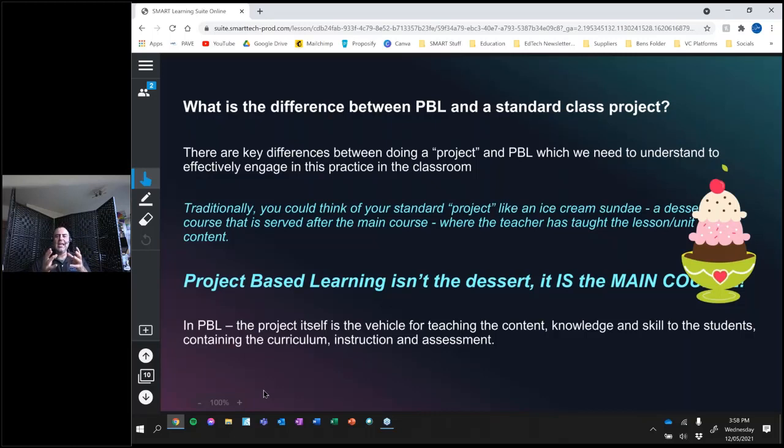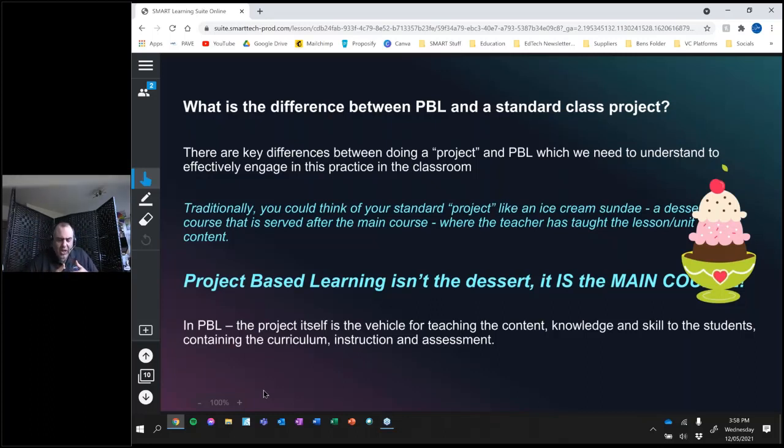The use of the word project in both of those examples can get a bit confusing, but project-based learning means that the actual project itself is the main course, it is the learning. So it is the pathway that students are walking down to achieve an outcome, to develop their project.